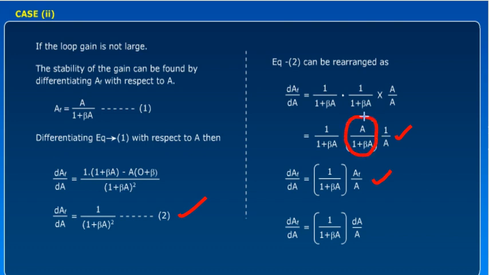So in place of this we write AF by A. Sorry, here we are getting dAF by AF, not dAF. dAF by AF is equal to 1 by 1 plus A beta into dA by A.